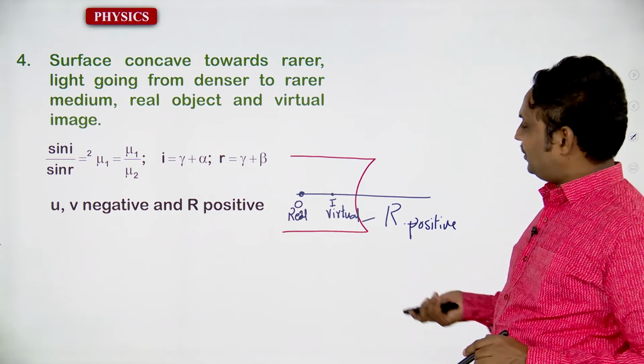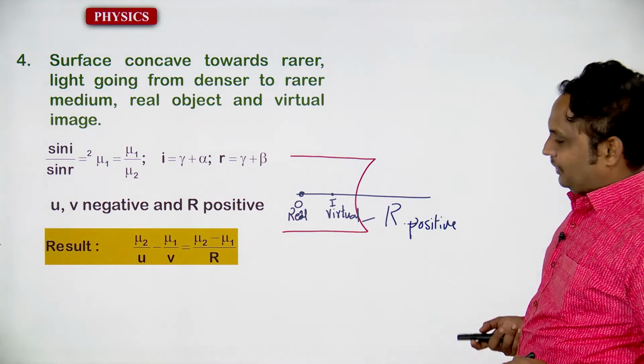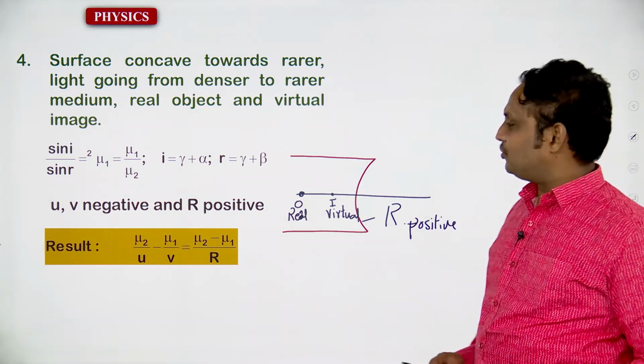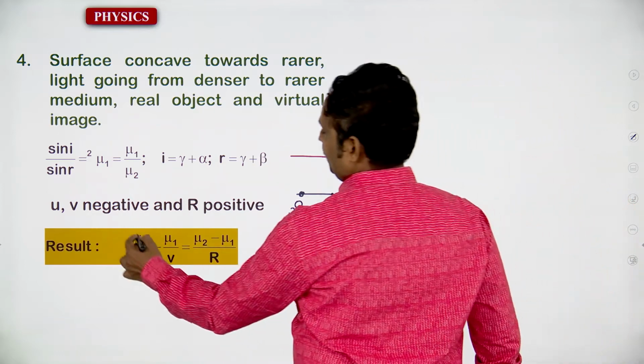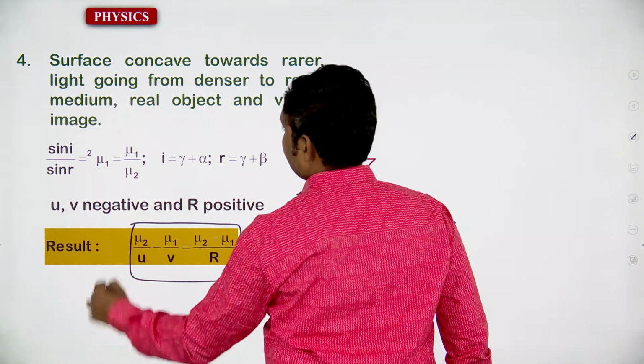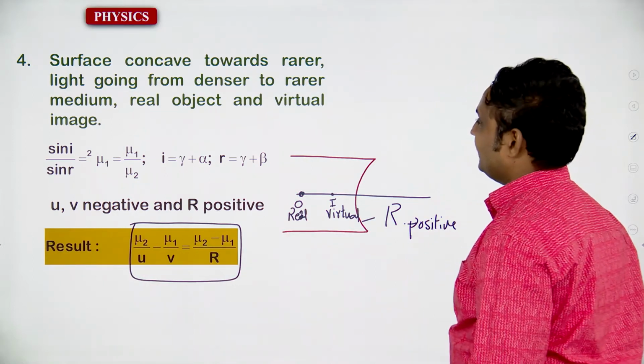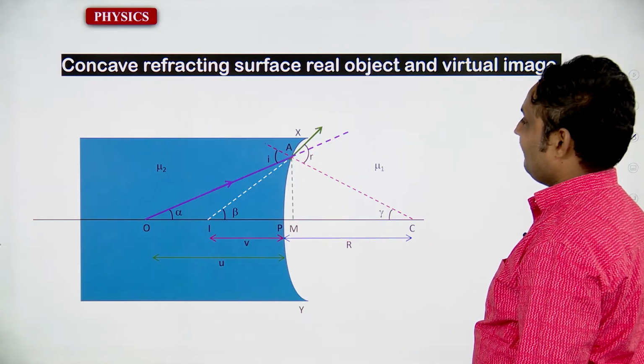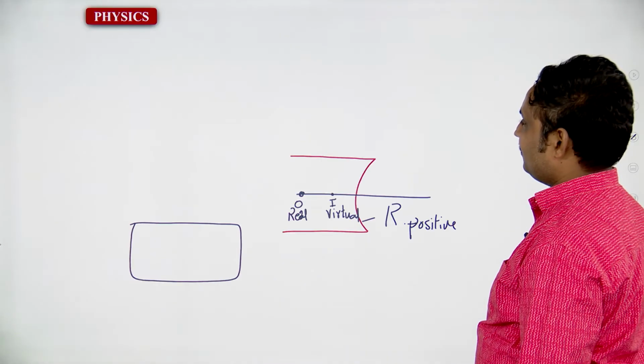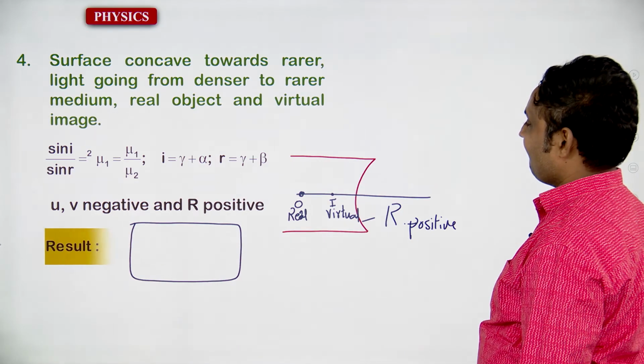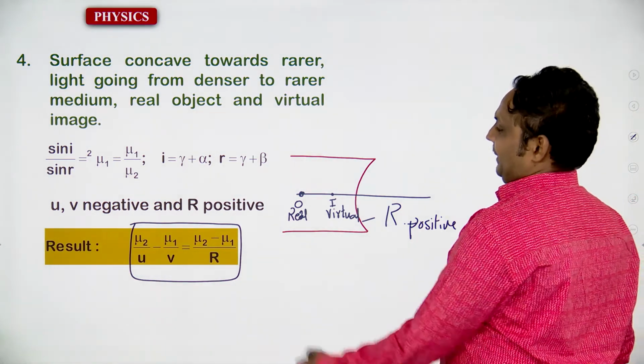Yes, you have to confirm. Yes, what is the result? Just you have to see, that is going to be that mu2 by u, yes, but the case is the light rays, what we have to see. Yeah, this is very clear, you would like to go for that. Yes, you have to see.